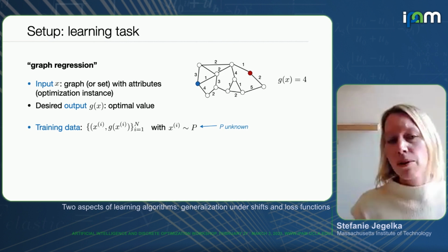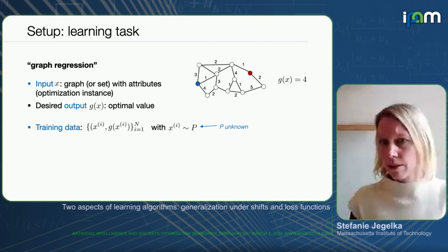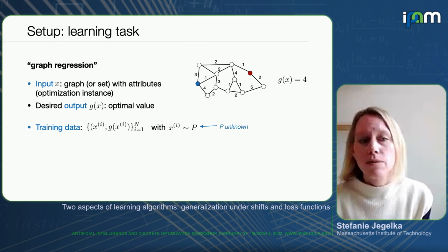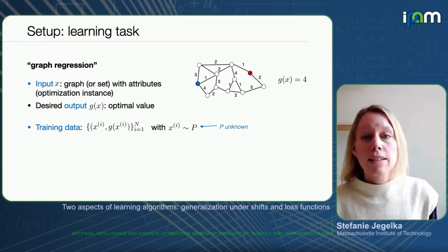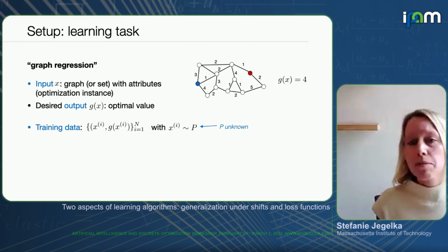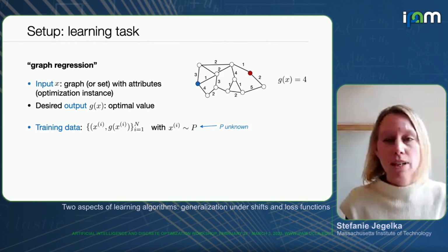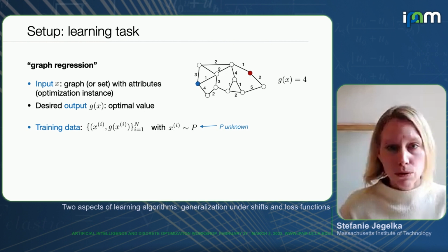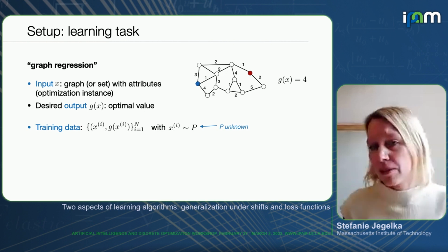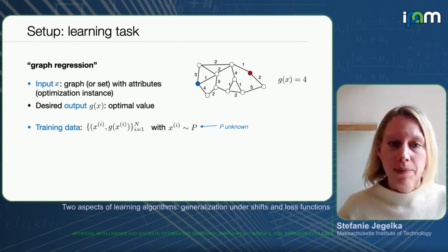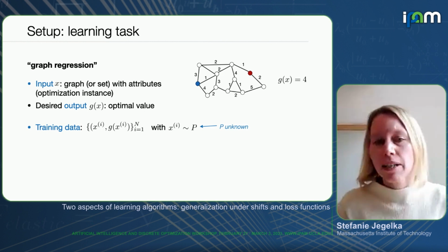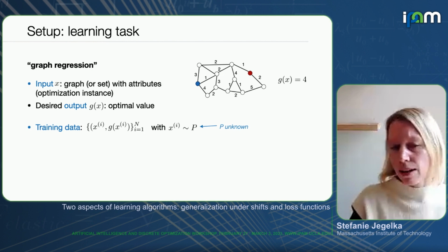So what's our actual learning problem? The input is that graph with all the important things marked and all the edge weight information, etc. And the desired output, what I want my machine learning model to predict, is, for instance, the value of the shortest path. So basically the value of the optimal solution of that particular optimization problem that I care about here. Then, in the general machine learning setup, I'm getting training data, pairs of graphs and values.